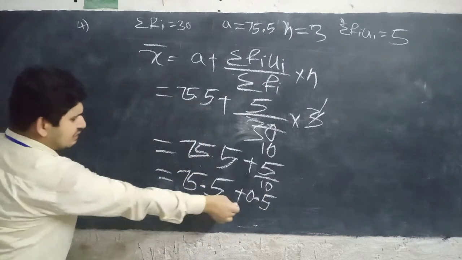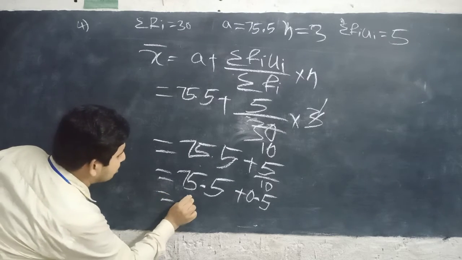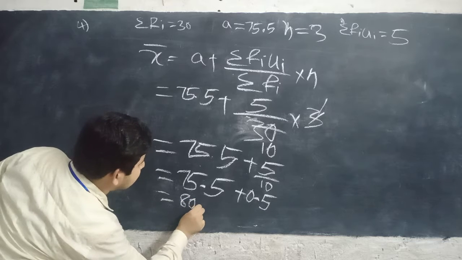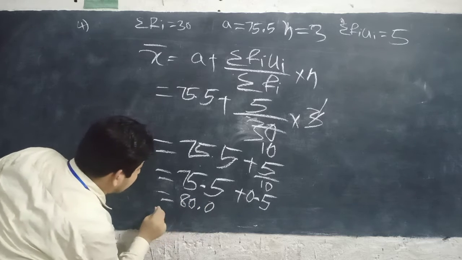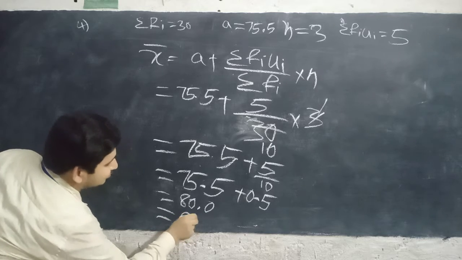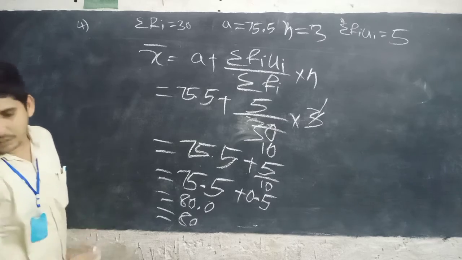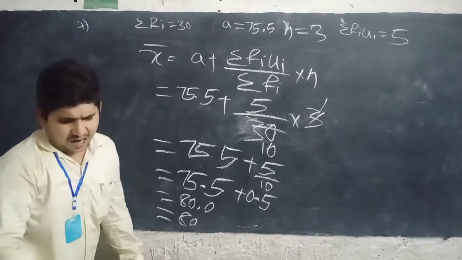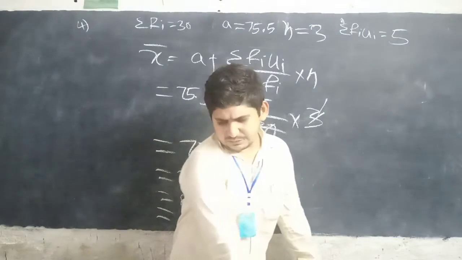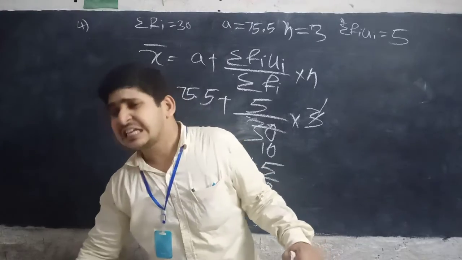Okay? Now 75.5 with 0.5 equal to 80.0. That is nothing but 80. Okay? This is the mean. So the mean heartbeat per minute for the given woman is 80.